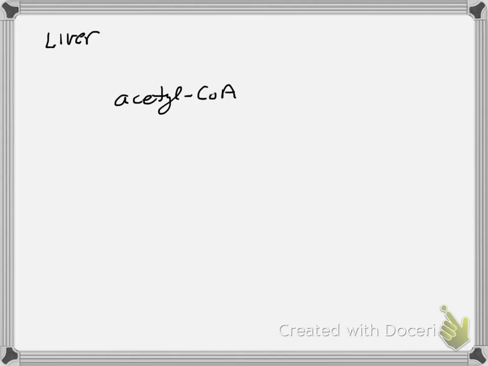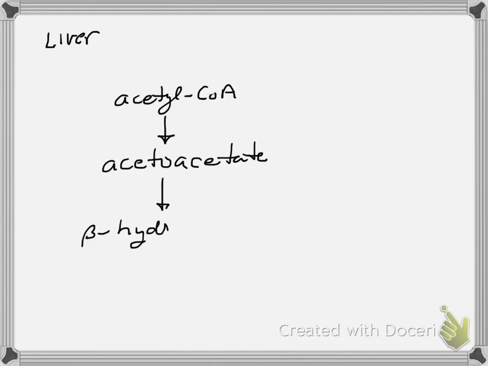The acetyl-CoA by the liver, we'll take a look at these reactions in a minute, will combine to form acetoacetate. These then will be used to form beta-hydroxybutyrate.